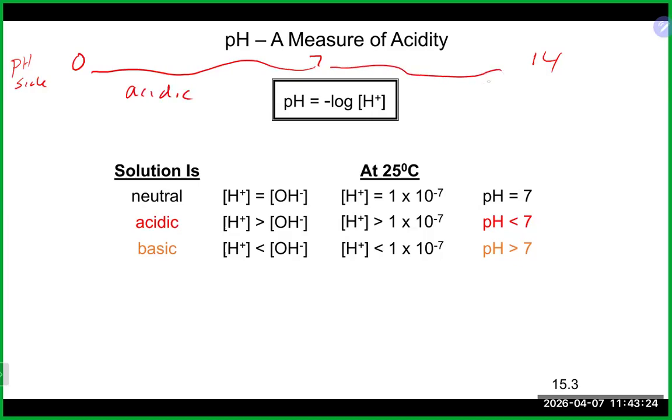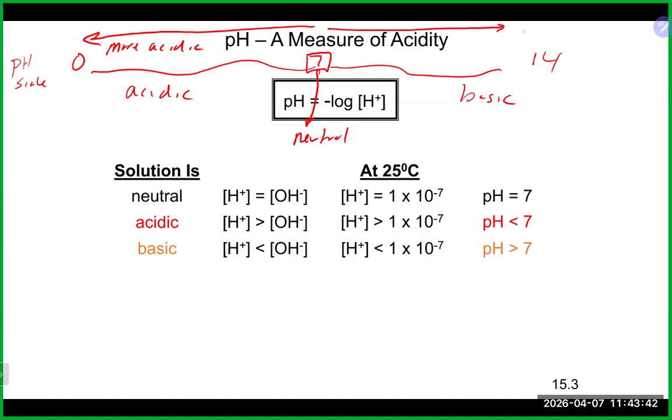Above 7 is basic. And technically speaking, right on 7 there is neutral. As you go from 7 towards 0, you're becoming more acidic. And as you go from 7 towards 14, you're becoming more basic in this case.